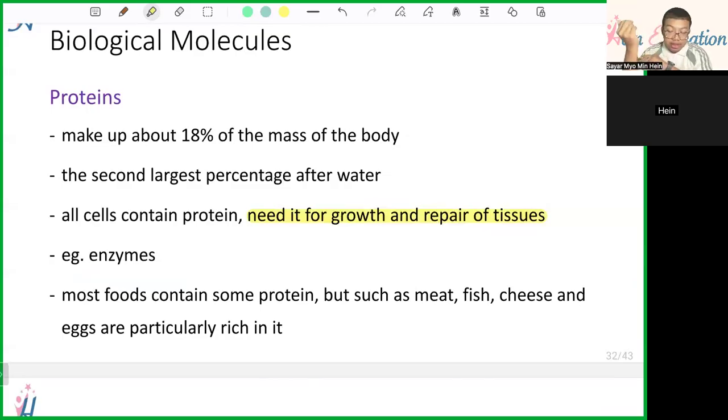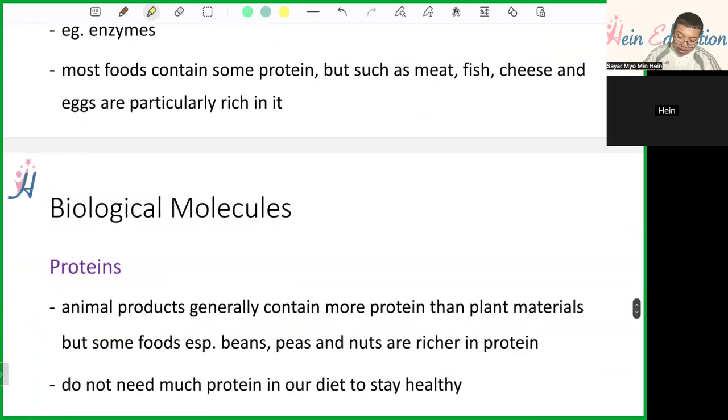We can further divide protein into two groups, functional proteins and structural proteins. The structural proteins are for our hair and our nails. But the functional proteins are enzymes, hormones, antibodies, all those that have a function in our body, right? So those would be considered the functional proteins.